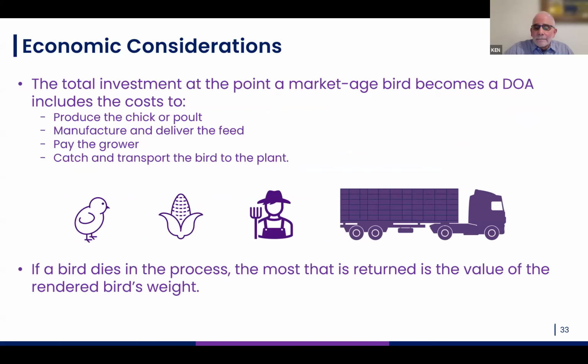So let's go beyond the welfare considerations and talk about the economic considerations. You know, at the point you're bringing a live bird to the plant or a dead bird to the plant, your total investment at that point includes the cost of producing that chick or poult, if you're in the turkey world, all the feed that's manufactured and delivered to feed that bird, the pay that is paid to the grower to raise the bird, and then the cost to catch and transport the bird to the plant.